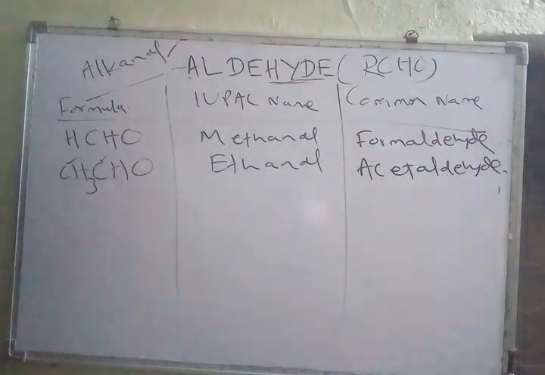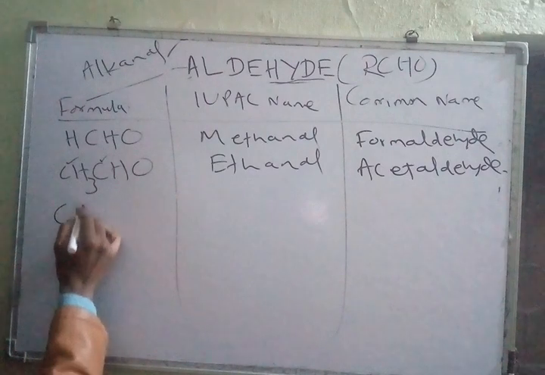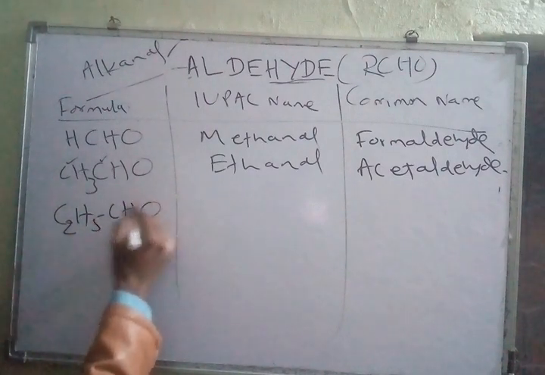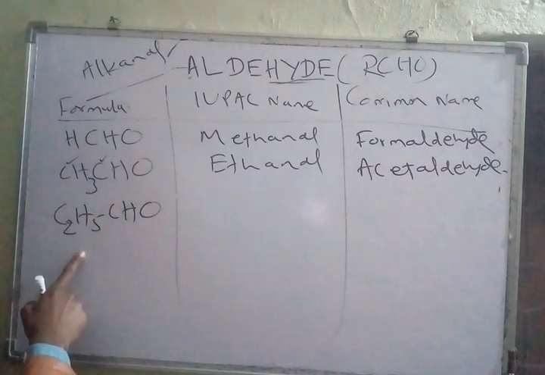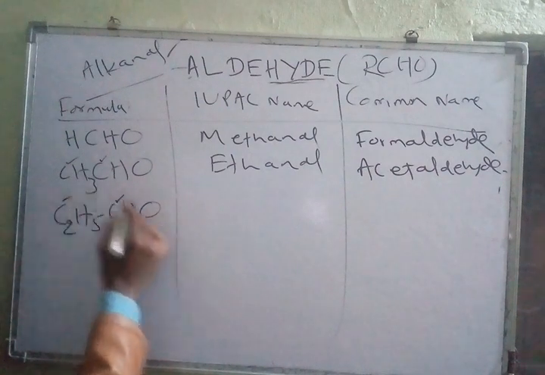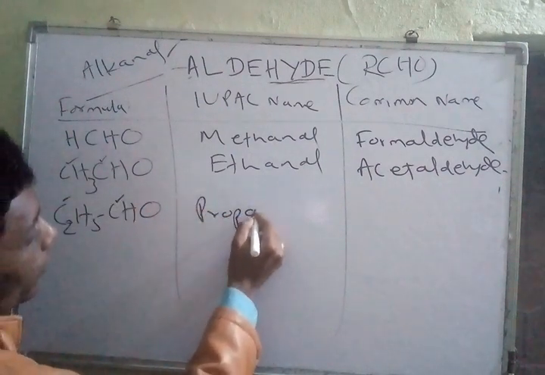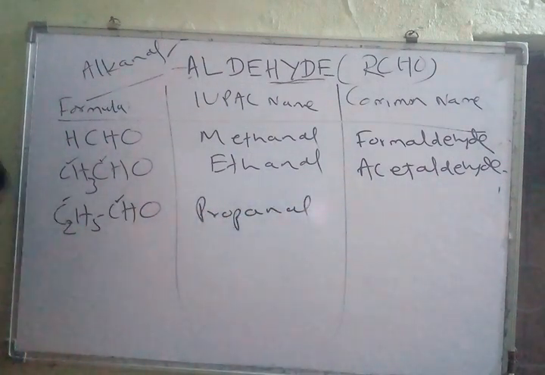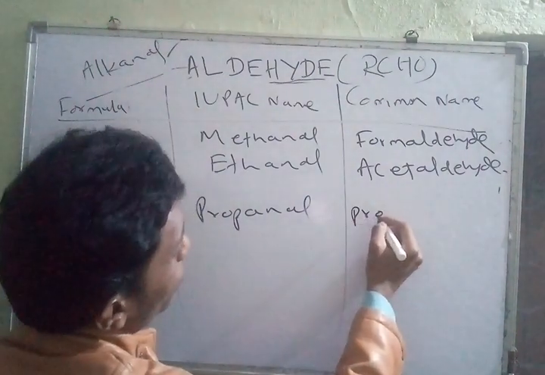Clear? And another, if you put C2H5, that is ethyl, C2H5CHO. This is the third compound in this aldehyde group. And the IUPAC name: there are three carbon atoms, that is why it is propanal. And the common name uses the prefix propion.